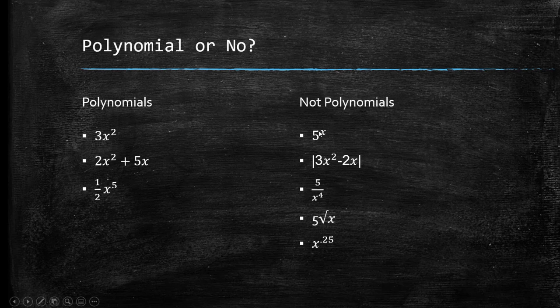These are not polynomials, so you cannot have x or a variable as an exponent, no absolute values, no negative exponents. And remember that if the exponent is on the bottom of a fraction, it's a negative exponent, so that cannot be a polynomial. No square roots, and it needs to be a whole number, not a fraction.